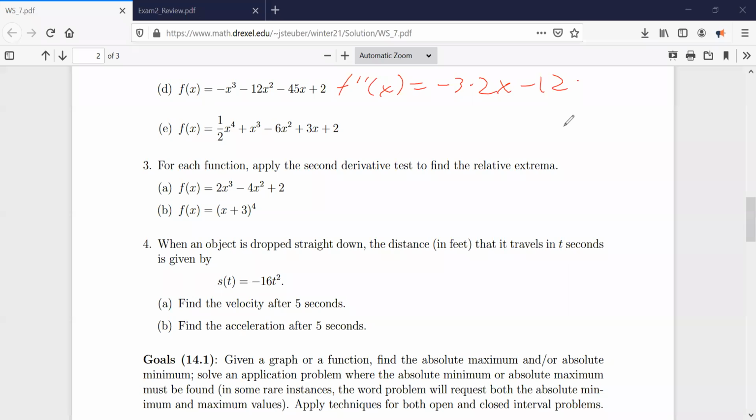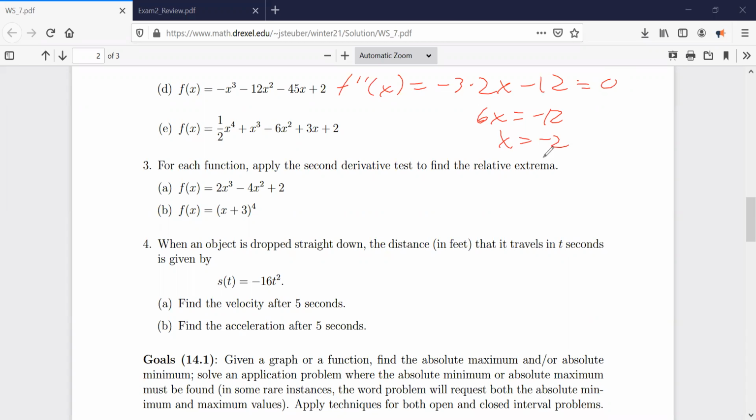Any points of inflection are just going to be where this double derivative is equal to 0, so I set it equal to 0. If I rearrange this, I get 6x is equal to negative 12, and then if I divide by 6, I get x is equal to negative 2.